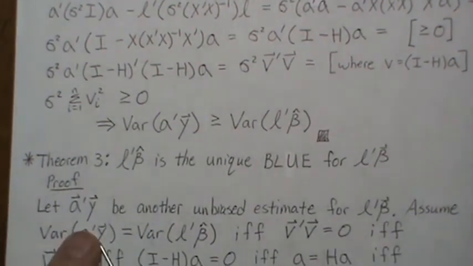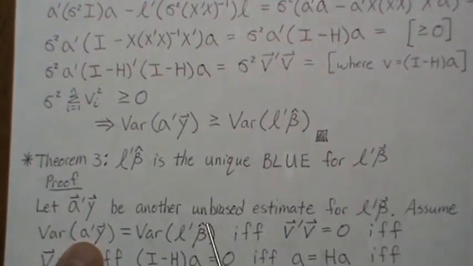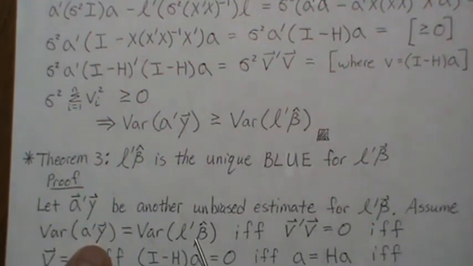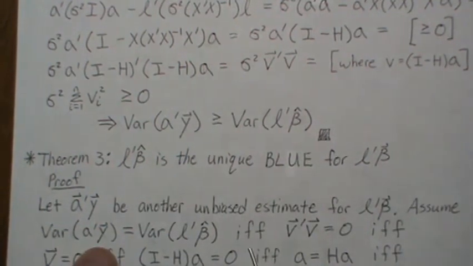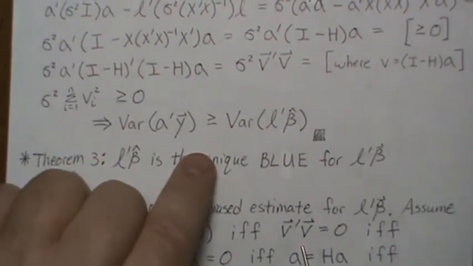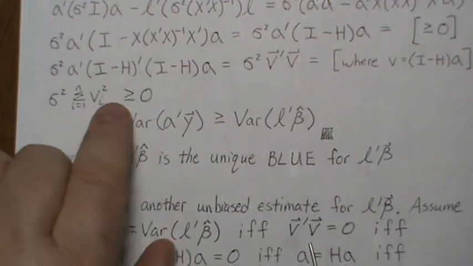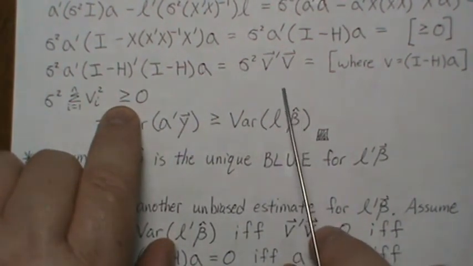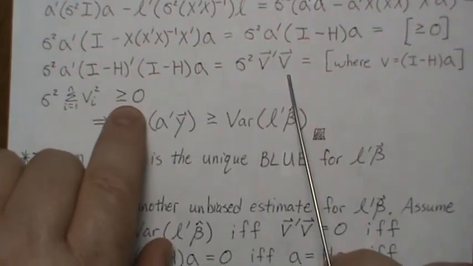Assume the variance is equal to the variance of this BLUE, the L beta hat. We're assuming that it's equal. So if these are equal, that means this is an equal sign, and it's equal to 0.